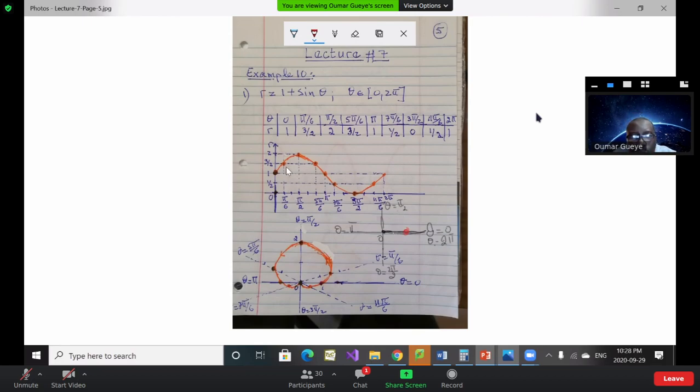For the second point, when theta equals pi over 6, I'm going to draw the line pi over 6. You can see it here, this line, approximately. This is the line theta equals pi over 6.